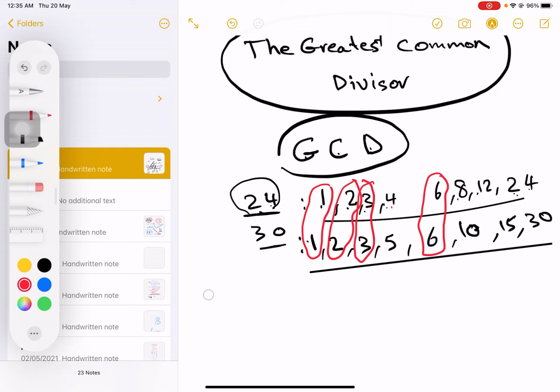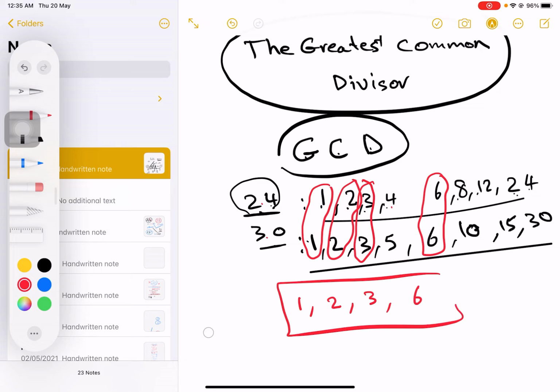The common numbers between 24 and 30 are اللي هم 1, 2, 3, 6. These are the common divisors. That means any one of these can divide 24 without a remainder, or 30 without any remainder. Remainder means الباقي. Okay, ما في باقي.